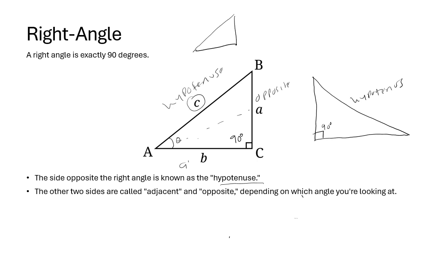Then this side is what we call the adjacent. Similarly, in this case, if this is your angle, then this is the adjacent, this is the opposite, sorry, because the angle is here, this is the opposite, and this is the adjacent.